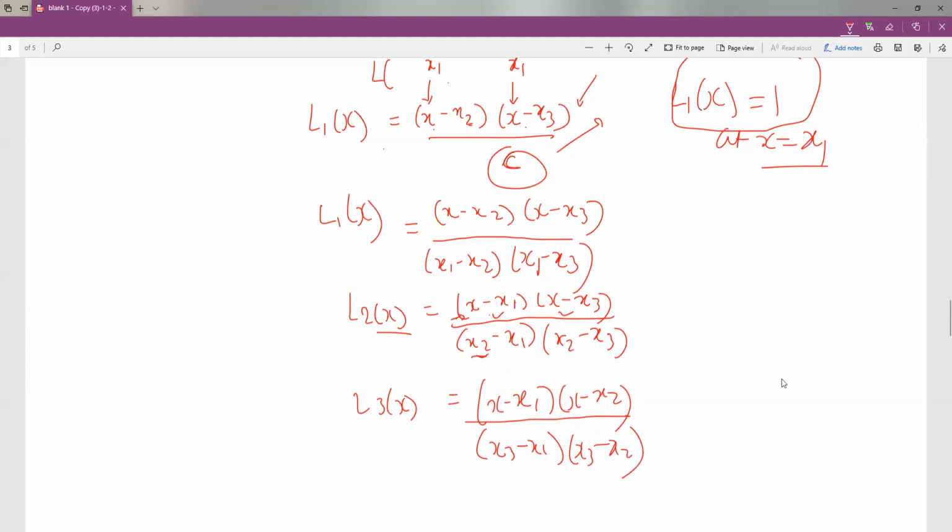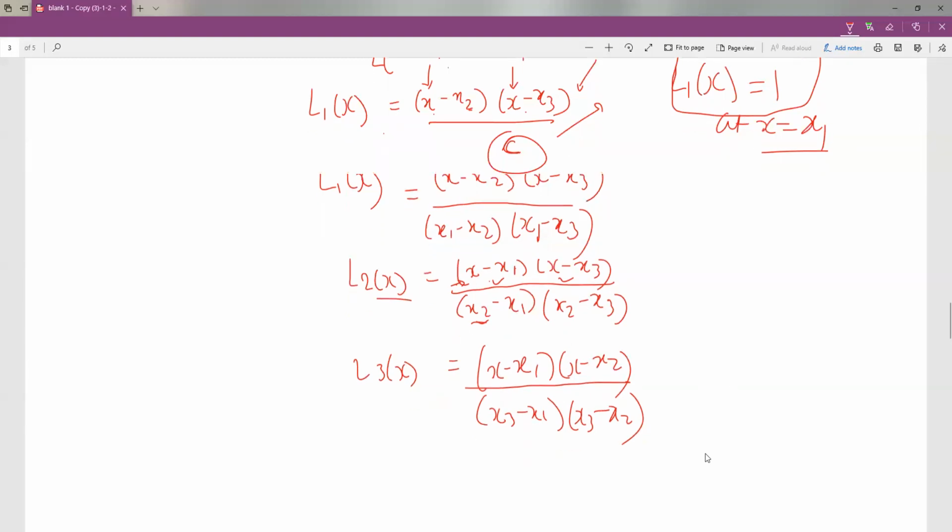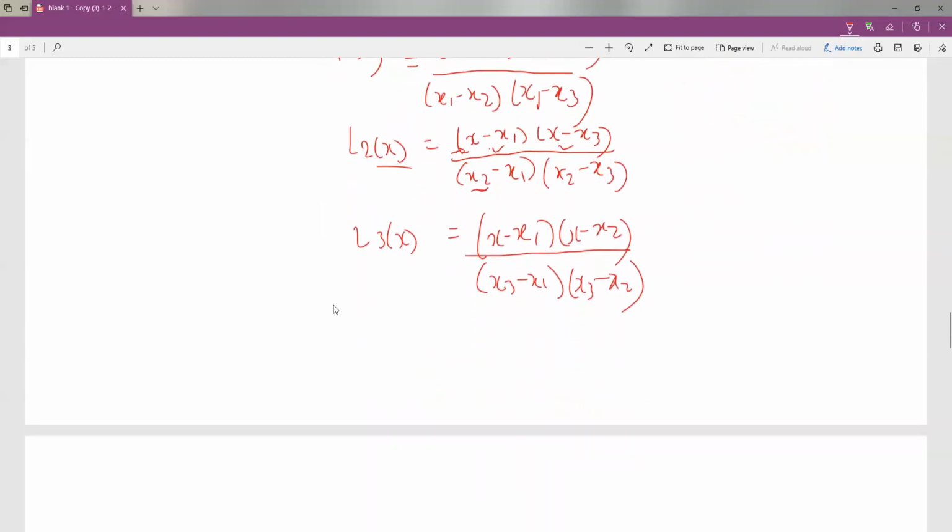The same procedure can be followed even for the cubic function. I am leaving it as an exercise for you to derive the cubic Lagrange interpolating function.